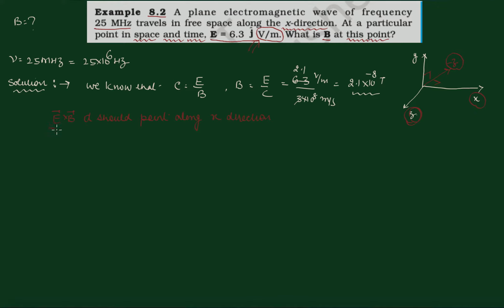So as this is j cap, okay, cross unknown vector, this is the direction of electromagnetic wave is i cap.